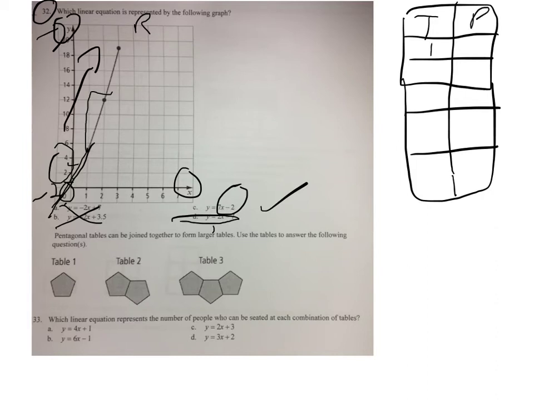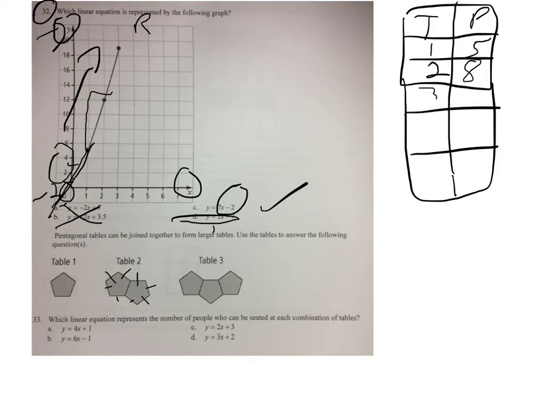So at table 1, you can have 5 people. At table 2, let's see, you can have 1, 2, 3, 4, 5, 6, 7, 8 people, so let's put in 8.